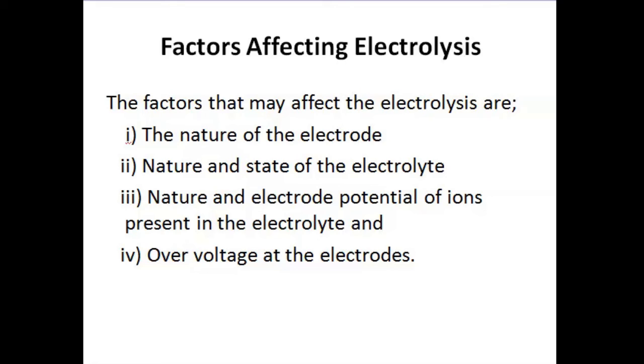The nature and electrode potential of ions present in the electrolyte may also affect the process of electrolysis, or if there is an overvoltage at the electrode, that may also impact the process of electrolysis. Hence, there are certain factors which will affect the process of electrolysis, and that should be kept in mind when the process of electrolysis is taking place.